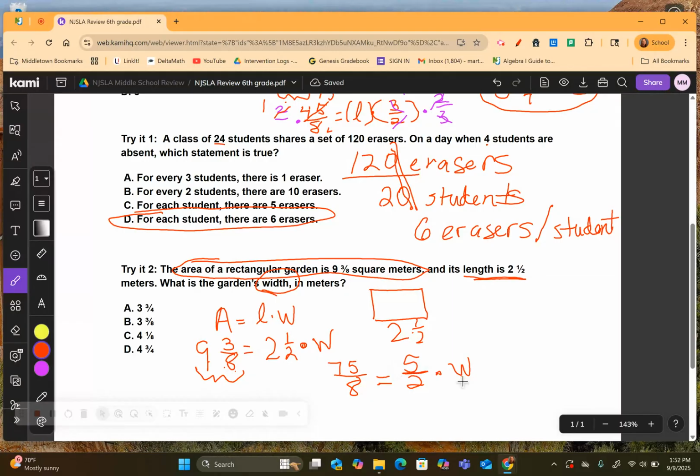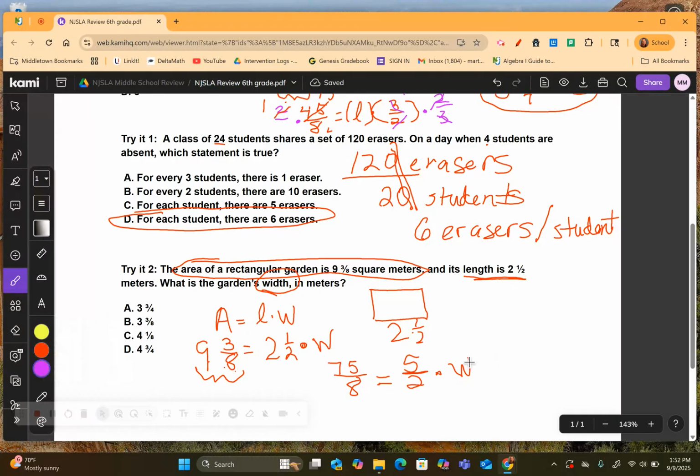Now, I need to get W by itself. I have a 5 over 2. What did we do in number 2 above? How do we get W by itself? What do we need to multiply to get rid of that 5/2? Who remembers?